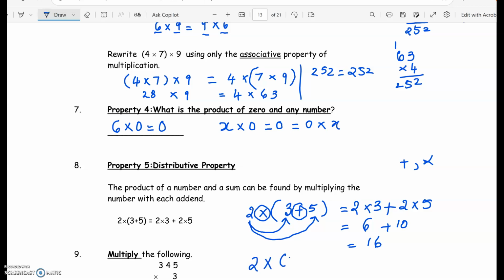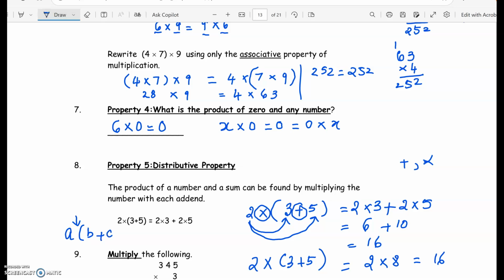Let's say we did it another way. Parentheses first. So we go 2 times 8, and that is equal to 16. So both are equal. Just remember the distributive property. So A times, if I don't put anything here before the parentheses, it means we are multiplying.